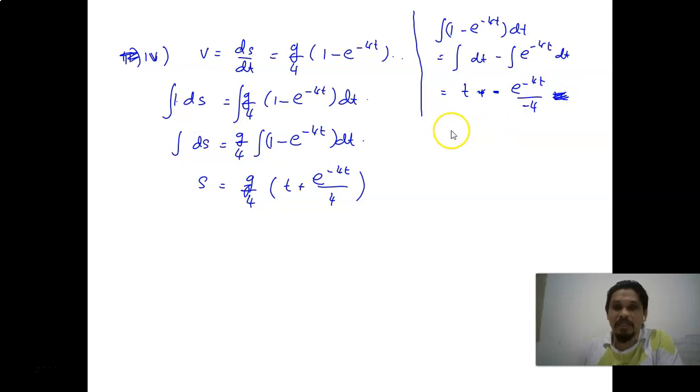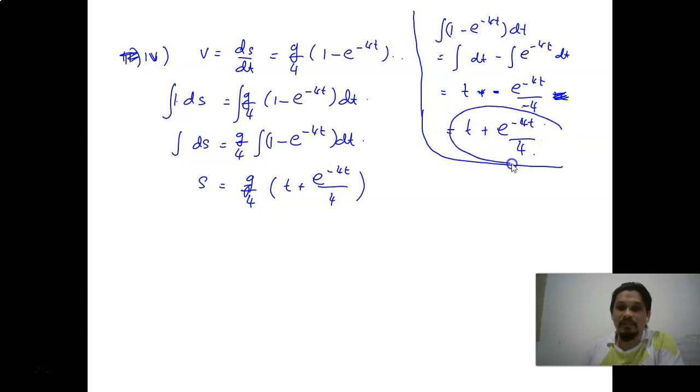Negative with negative becomes positive, e power of negative 4t divided by 4. There you go. So this is the process of getting this here, and then plus c.